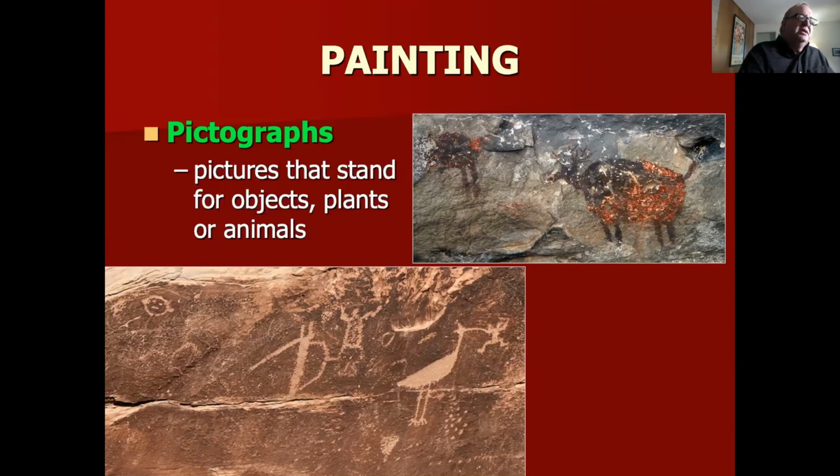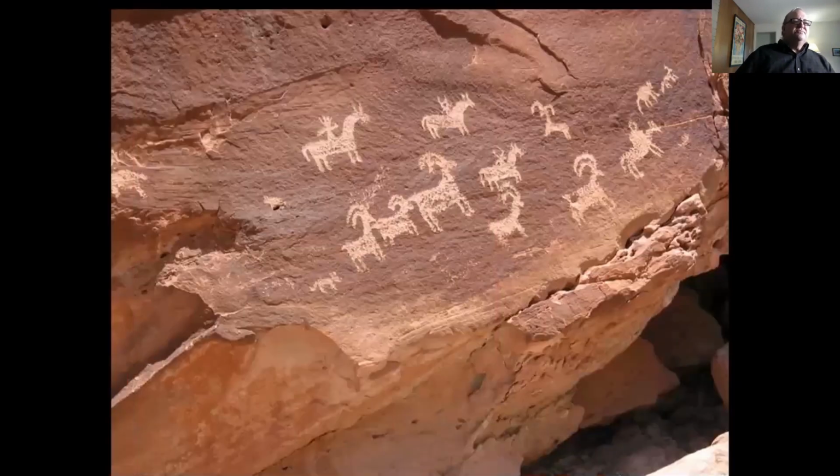I mean, there's a lot of different things there. Some of these are sort of fantastical pictures. You can imagine early people drawing something like that and then laughing that it was perhaps kind of outlandish. But these are pictures that stand for objects and animals and people and whatever.